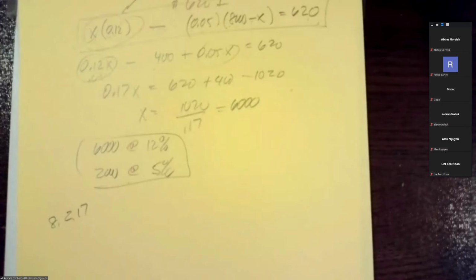Where is 8.2? Let's see. I can locate it here.